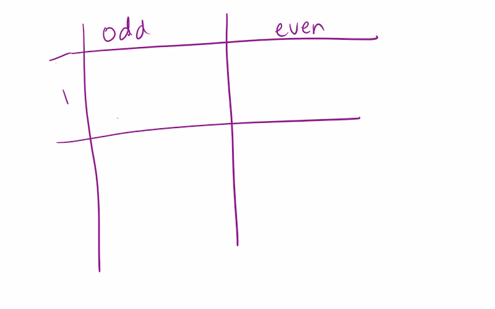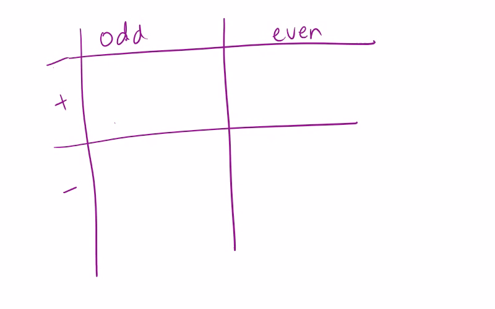Actually, we're going to do this. If it's an odd function and an even function, and then over here we have a positive leading coefficient and a negative. Okay, so an odd function would be something like x to the 5th plus blah, blah, blah.